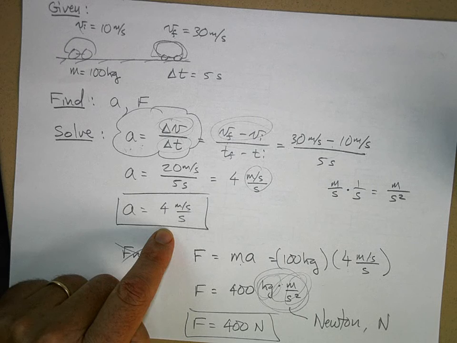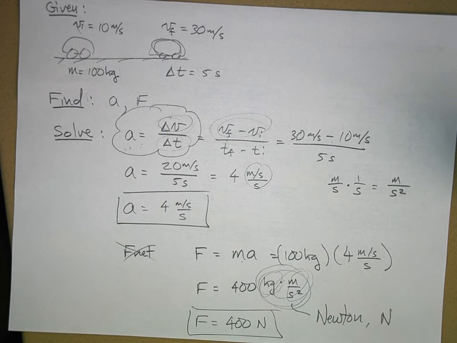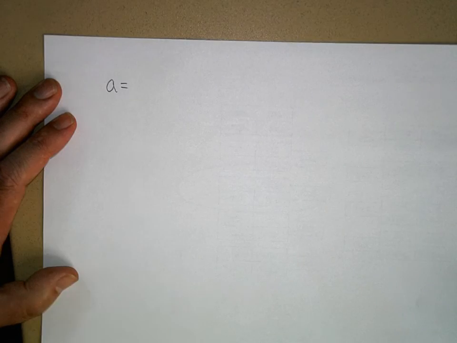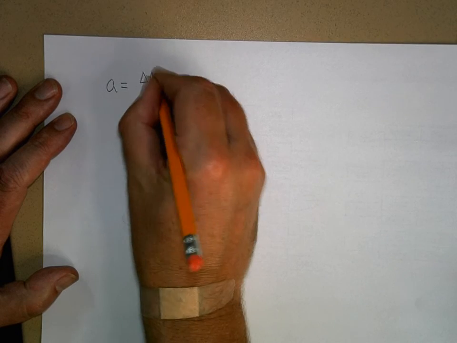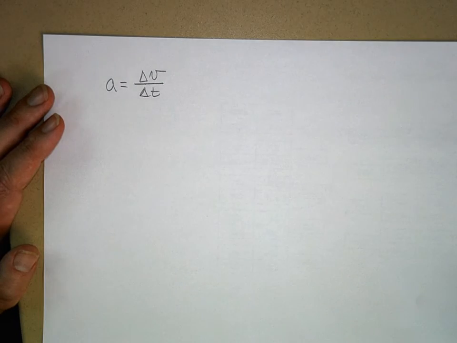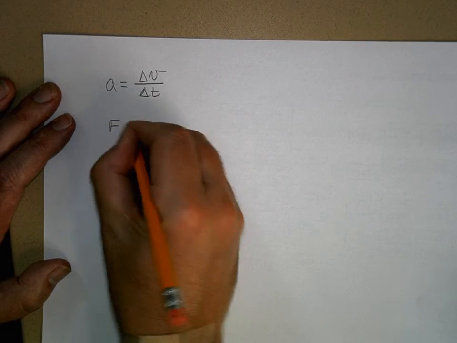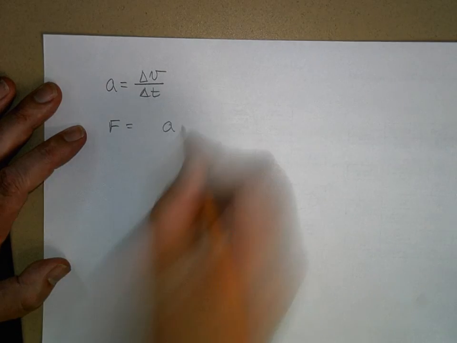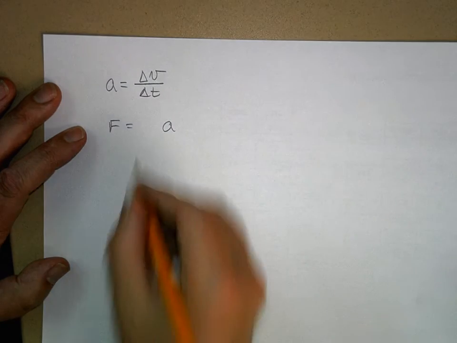Okay? So let's summarize and then we'll work a few problems. Now, we didn't get to Newton's third law today, but that's a whole separate thing. So I just want you to be able to deal with force and acceleration today. We have acceleration is defined to be how much I change my velocity over a given span of time. And force, Newton's second law, the force on that object will cause that object to accelerate, but the amount of acceleration depends on its inertia, which we call mass.